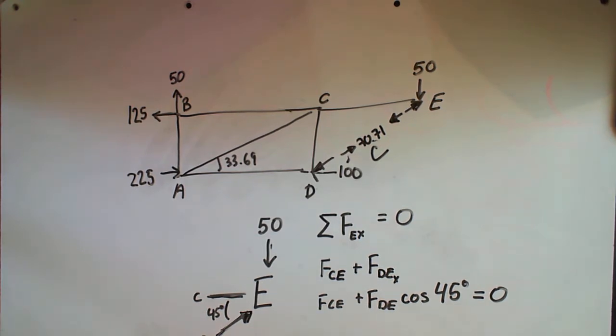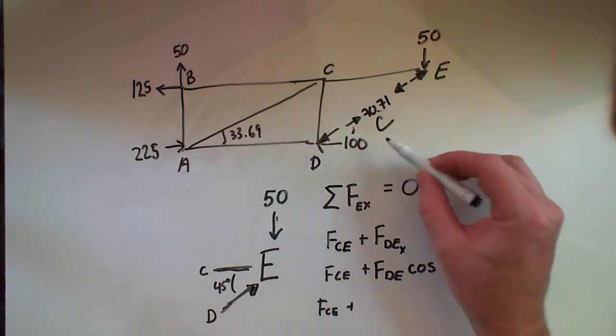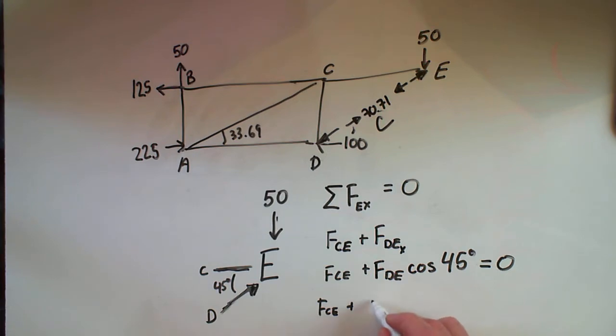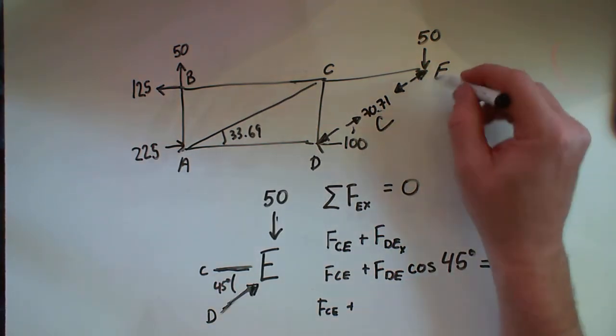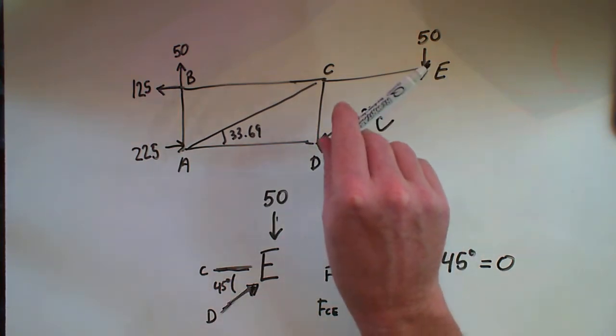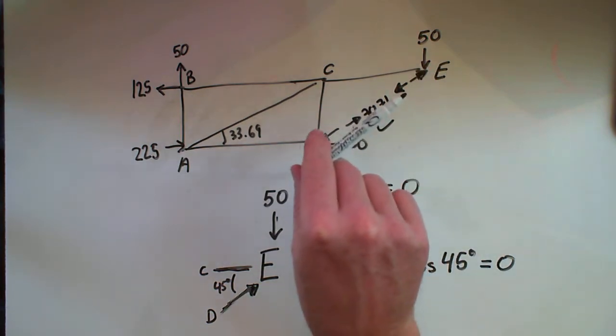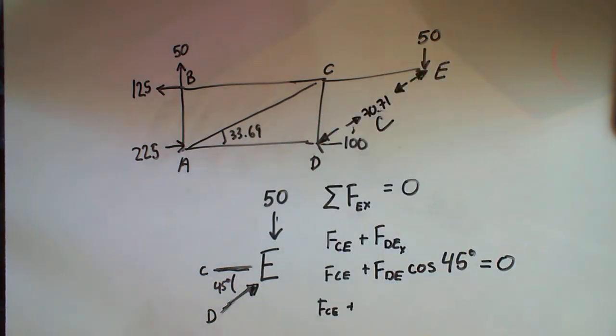Now I have F of CE still in this equation that we were working on before. We had F of CE plus F of DE, which we now know is 70.71. Since we're working with x, and that arrow is pointing to the right, that's the positive direction.